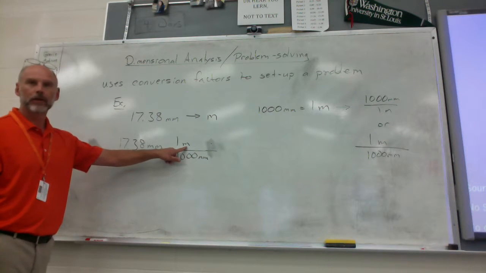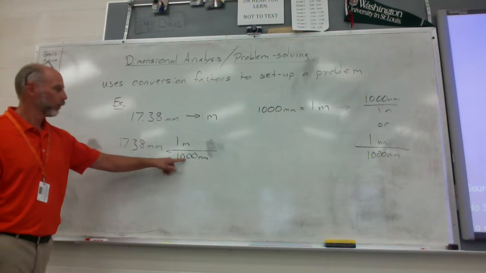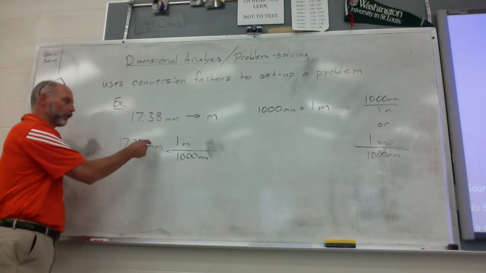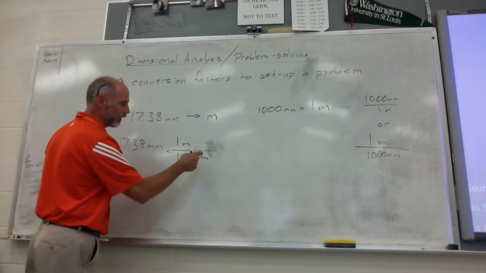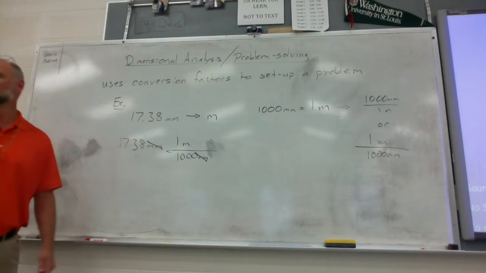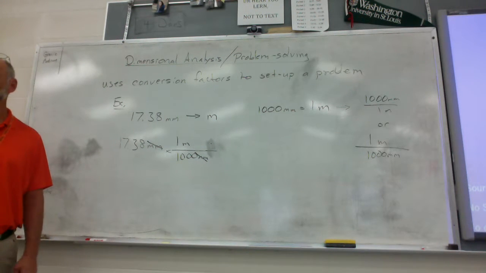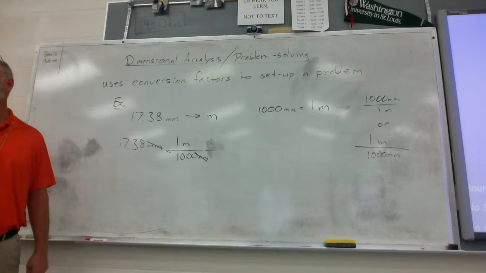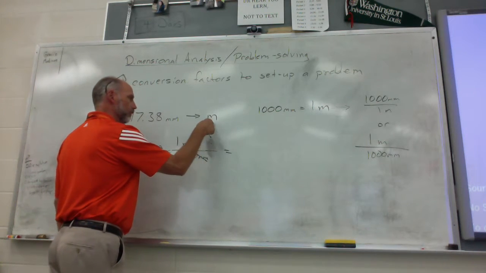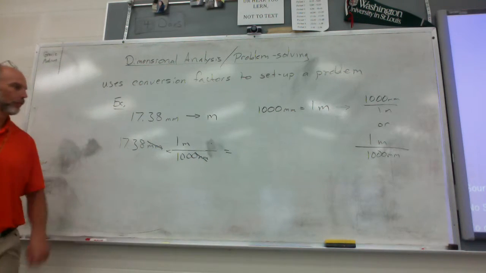Where is the meter? Numerator. Where's the millimeter? Denominator. So if we have terms that are in the numerator and the denominator, they cancel out. Would you agree? Okay, what are we left with unit-wise? Meter. Is that what we're trying to find? Yes. Now we just do the math.